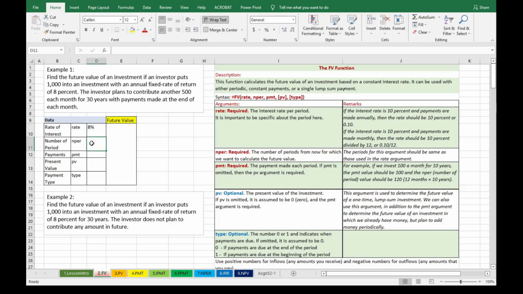Then number of periods, here we need to be careful. Here it's mentioned 30 years, but payment is for each month, so we'll have to put 30 times 12. So we get NPER as 360 months. Then payment is 500 for each month. But remember, 500 is going out from us, so it will be minus 500.